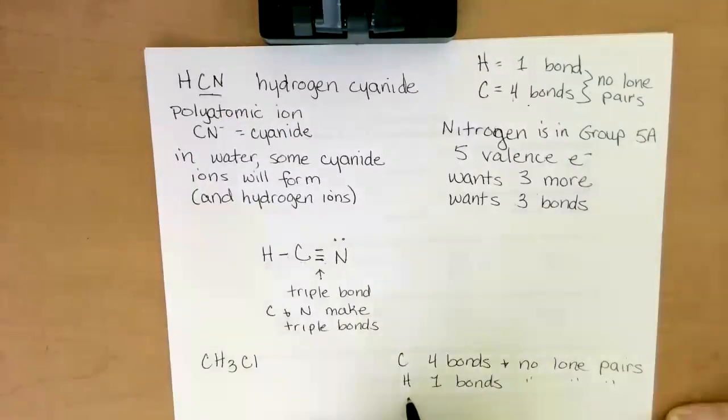Chlorine is in group 7A. I don't think we've done him yet. Group 7A. That means he has 7 valence electrons. He wants 1 more. He's bonded to a nonmetal atom, to carbon. Therefore, he's going to make 1 bond.